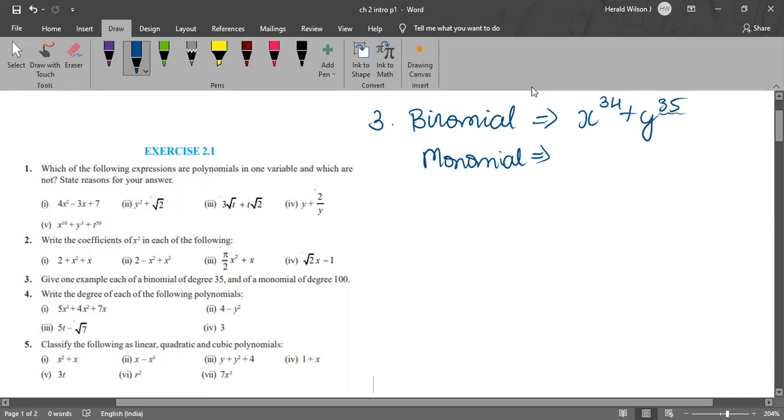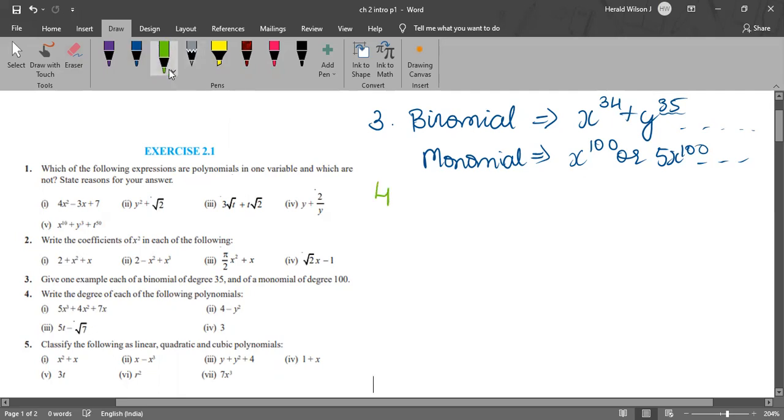Then for 100 you can just write 5x, where x is raised to the power of 100, etc. You can keep going on. So this is the third question. Let's move to the fourth question.